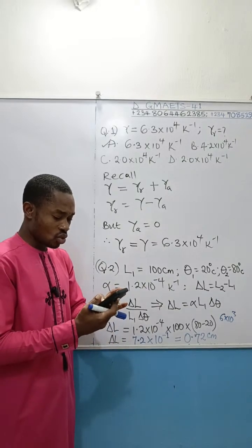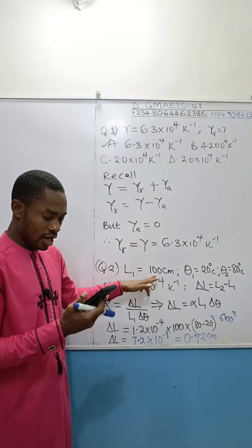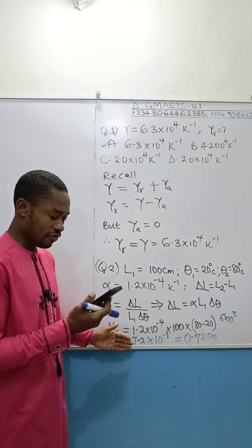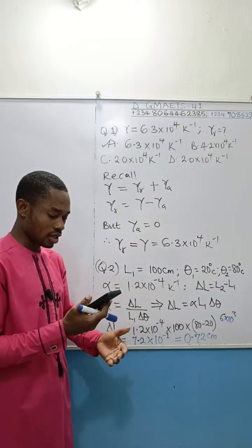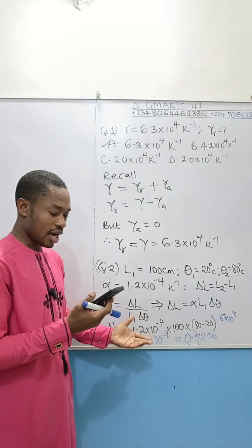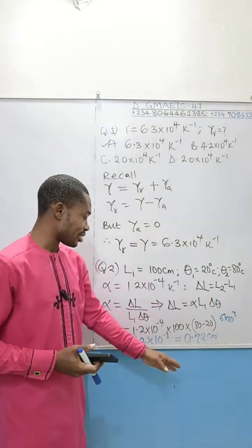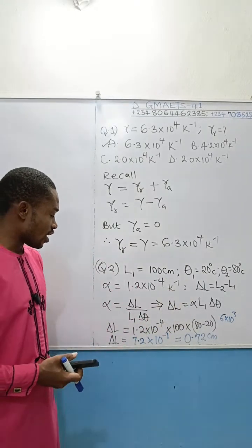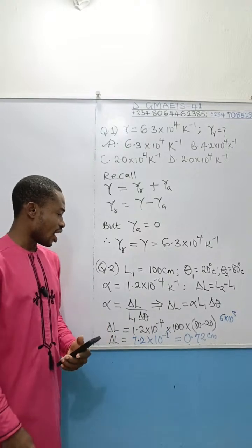The values given to us: the length of the meter rule is 100 centimeter, and the temperature goes from 20 to 80 degrees centigrade, and the coefficient of linear expansion is 1.2 times 10 to the power of minus 4. What is the change in length? From 20 to 80 is 60 degrees. 60 times this should give you 6,000, converted to standard form. I think that's it. There is no error in this.